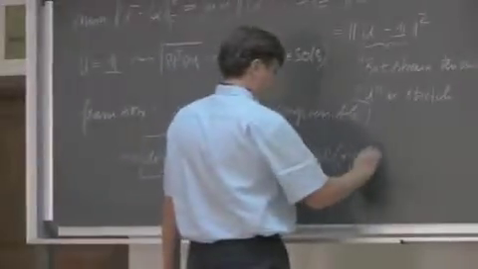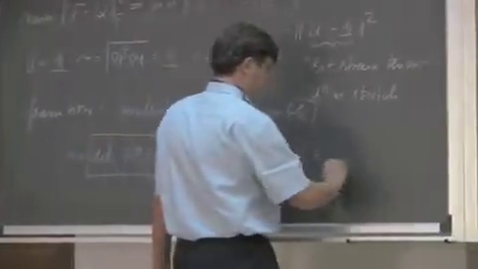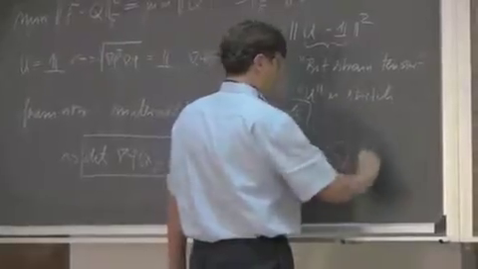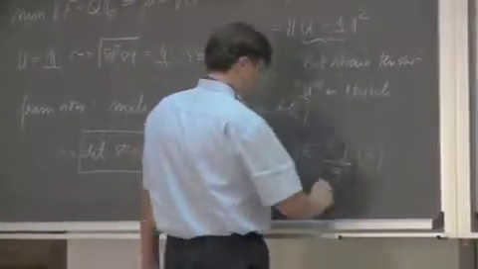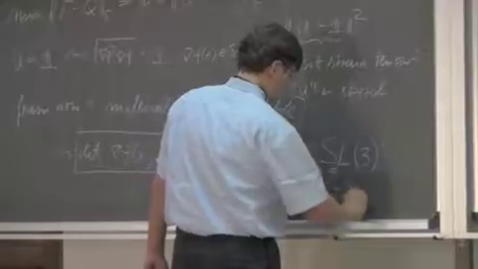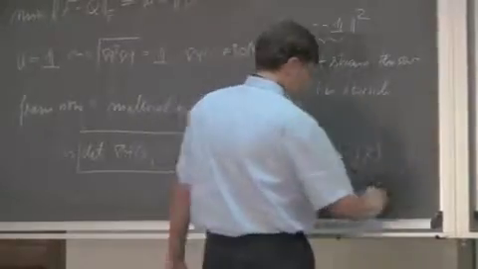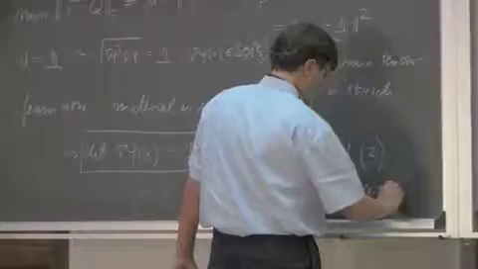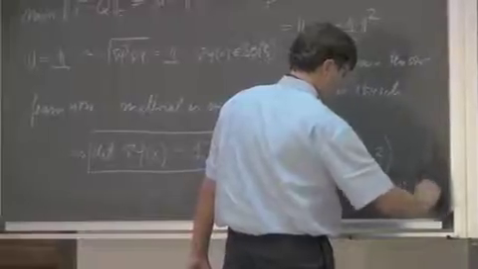The gradient of phi of x is an element of the special linear group, which is just all 3 by 3 matrices X such that the determinant of X is equal to 1.